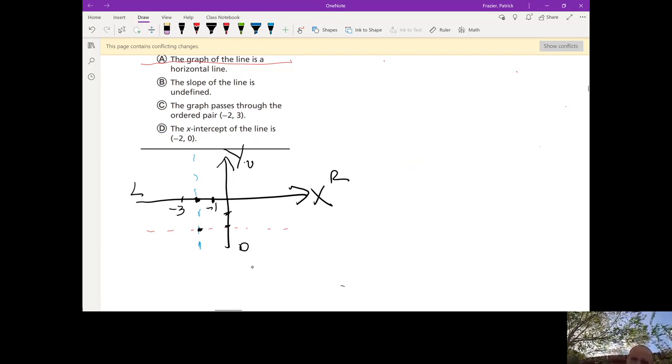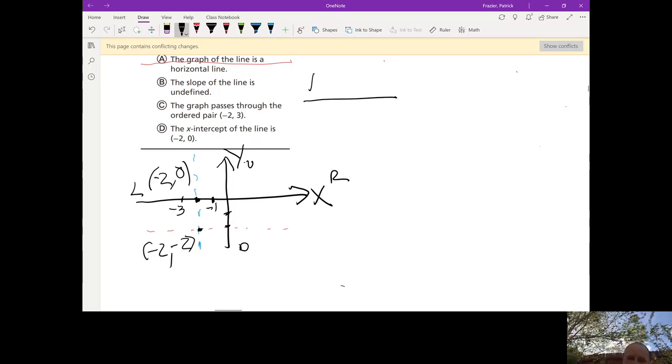So for these 2 points that I made with the little black dots, we'll call that x equals -2, obviously, and y equals 0, and then again x equals -2, but y equals -2. Sorry.